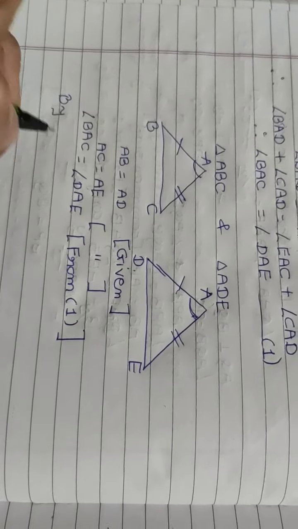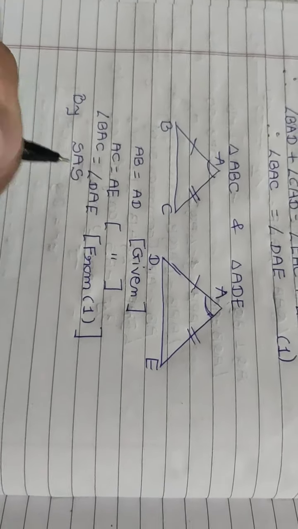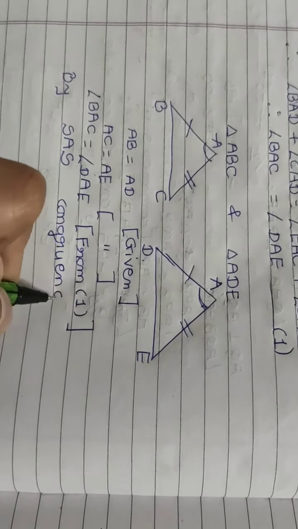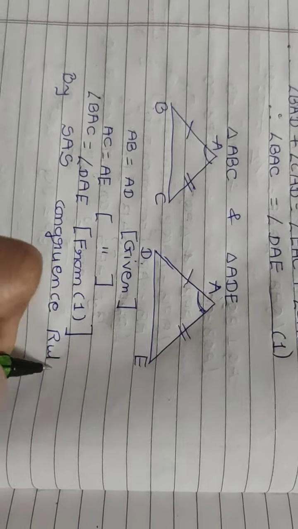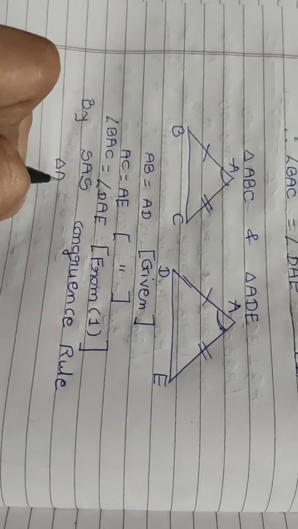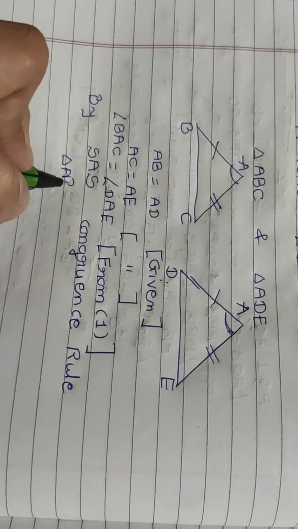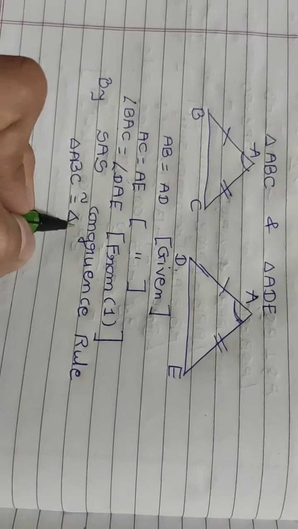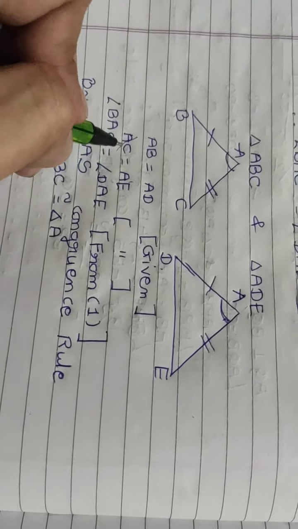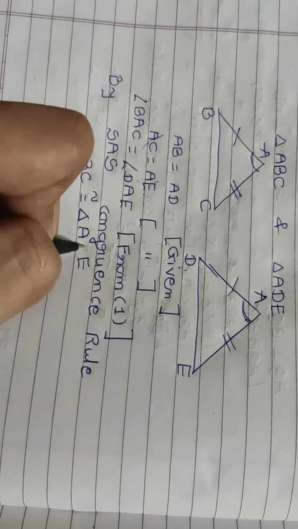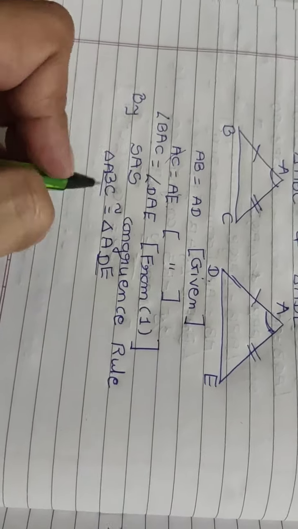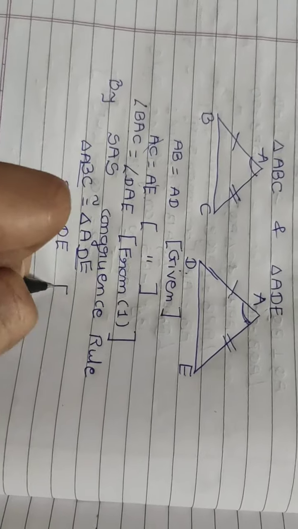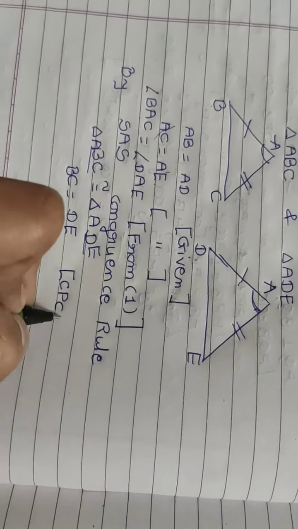Two sides and the included angle are there, so by SAS, triangle ABC is congruent to triangle ADE. A is A, that means C is E, so last it is E. Now we can see that BC is equal to DE by CPCT rule. Am I right?